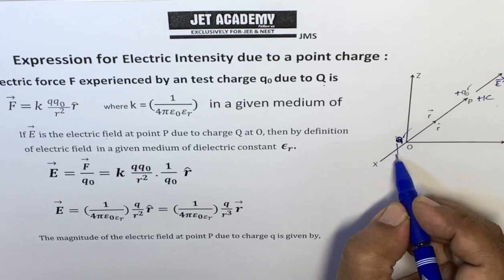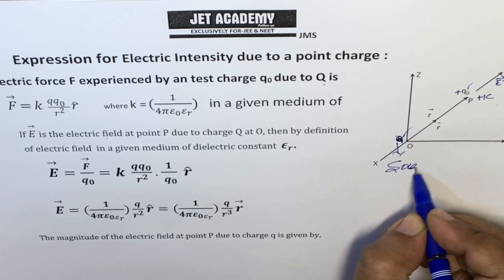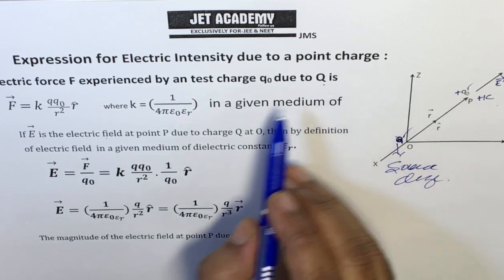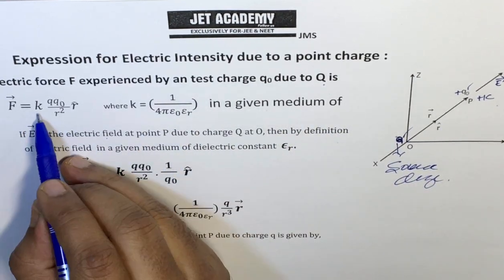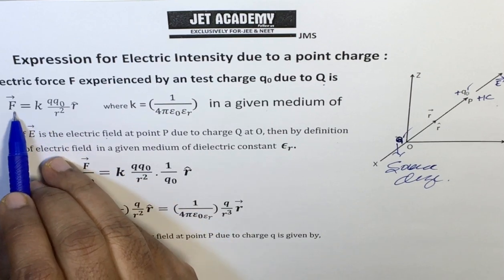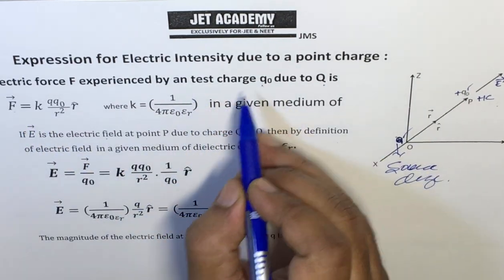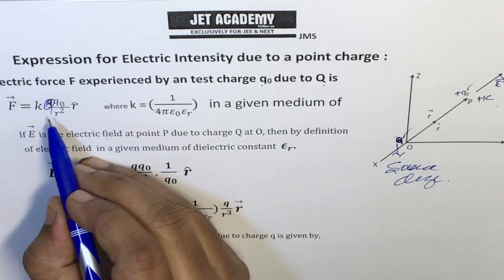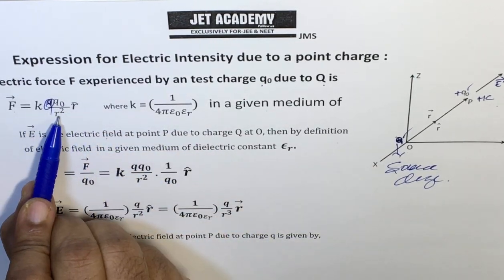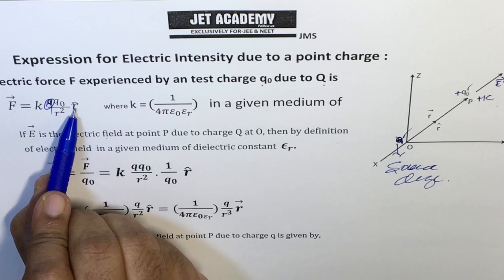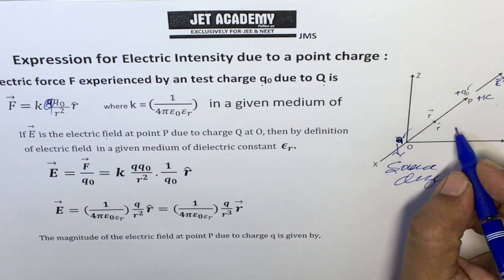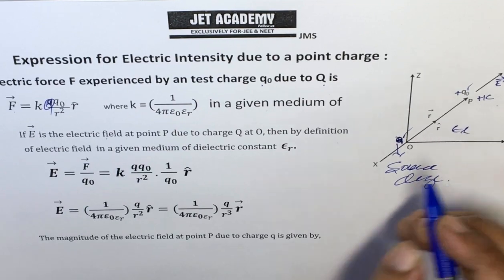This is the source charge, and the force experienced by this Q naught is the Coulombic force, k Q Q naught upon R square, R cap, where R cap is the unit vector, and k is 1 upon 4 pi epsilon naught in a given medium. If it is a medium, it is epsilon r.